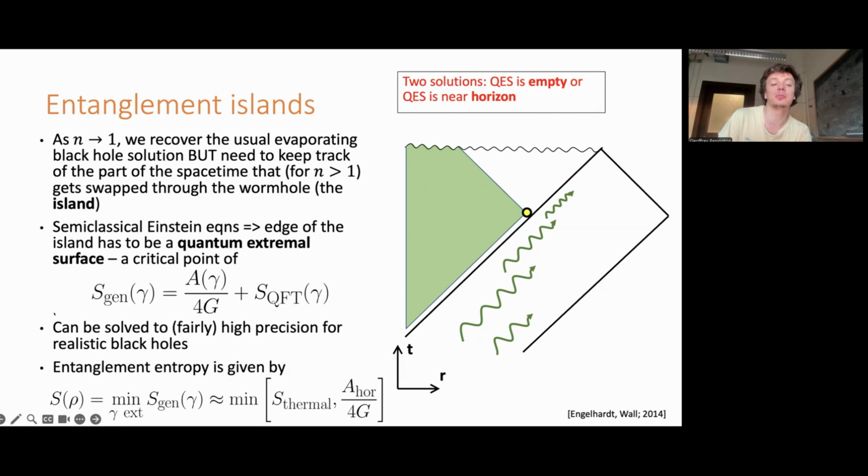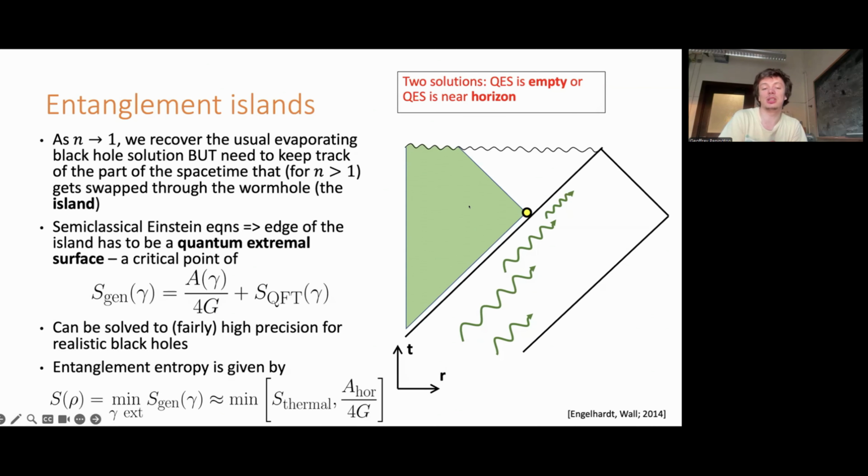But the generalized entropy of the island QES is very different. So its area is much bigger. Its area is roughly the horizon area of the black hole. So this first term gives a horizon over 4G. But this QFT entanglement entropy is much smaller. It's much smaller because the thermal entropy of this radiation is purified by the stuff still inside the black hole, which is sitting in the island.